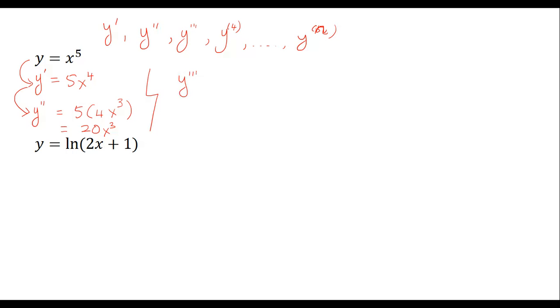For example, y triple prime: you just have to differentiate your y double prime, one step at a time. y double prime is 20x cube, and 20 just stays as it is, and now you differentiate your x cube, meaning that you have 3x square. So now it becomes 60x square. I think you can proceed as many times as you wish.